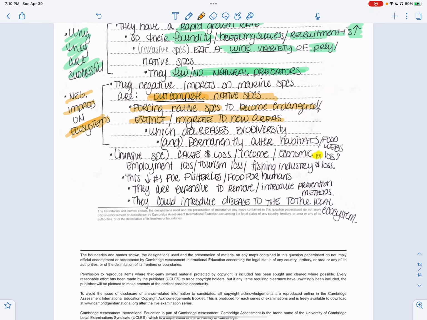So they're outcompeting them. And as a species, you're either going to allow yourself to be defeated and die, or try and fight it, get outcompeted, and perhaps lose, or go somewhere else to migrate. And if they leave their area, this will decrease biodiversity. When you're decreasing biodiversity and you have species leaving, this can permanently alter your habitats or alter food webs.